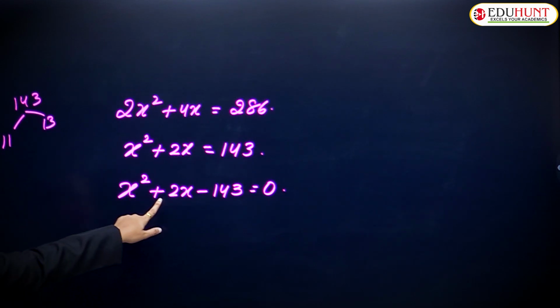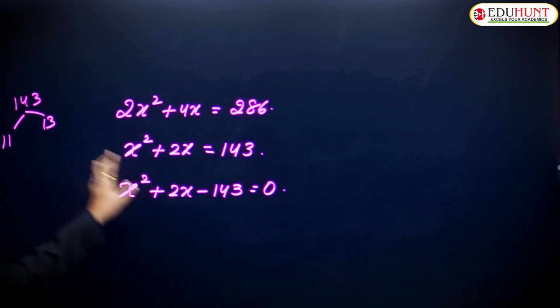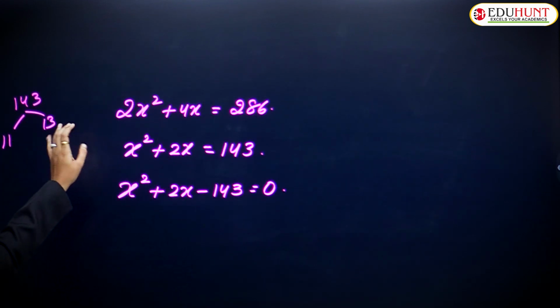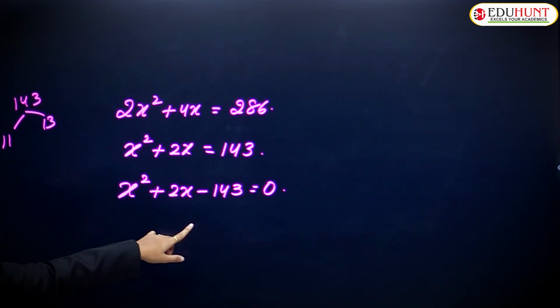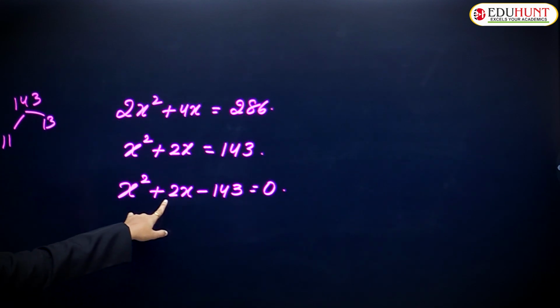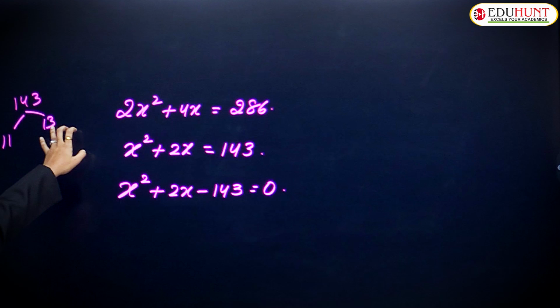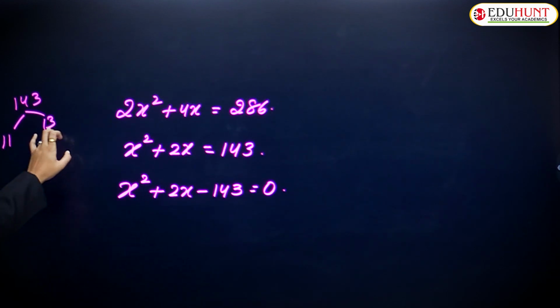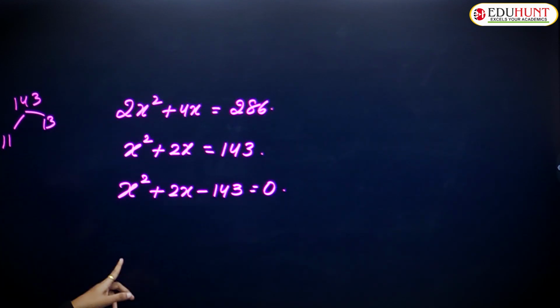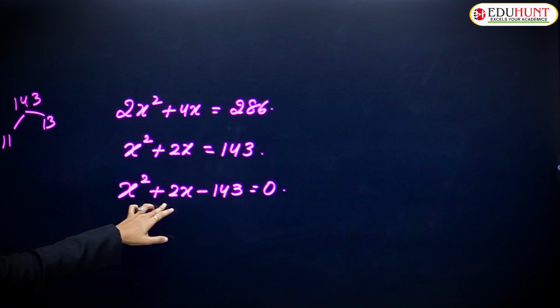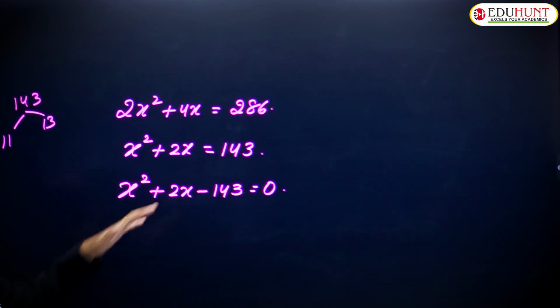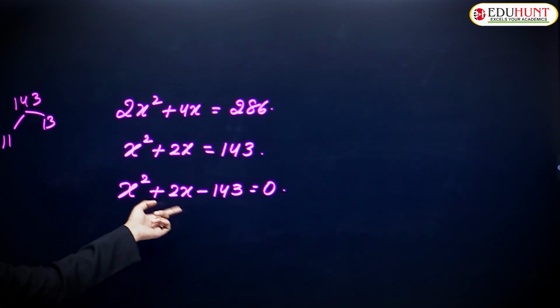Its sum is not possible, because adding 11 and 13 you get 24, which is greater than the middle term 2x.